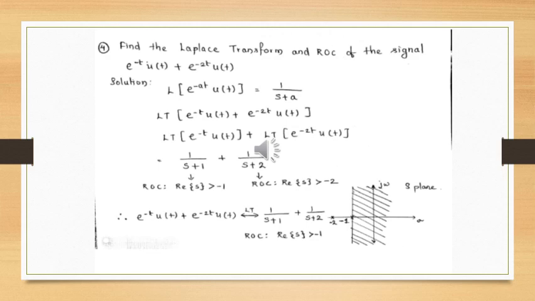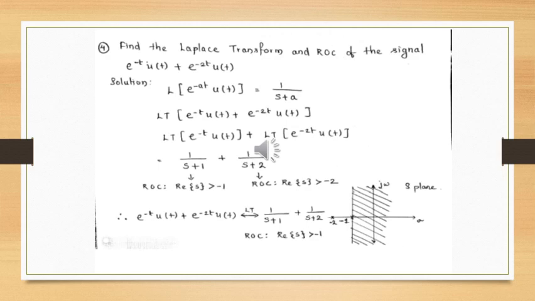So finding the Laplace transform of the individual terms, we have Laplace transform of e raised to minus t u of t plus the Laplace transform of e raised to minus 2t u of t. Now for the first signal, Laplace transform is 1 divided by s plus 1, plus for the second signal, we have a is equal to 2.